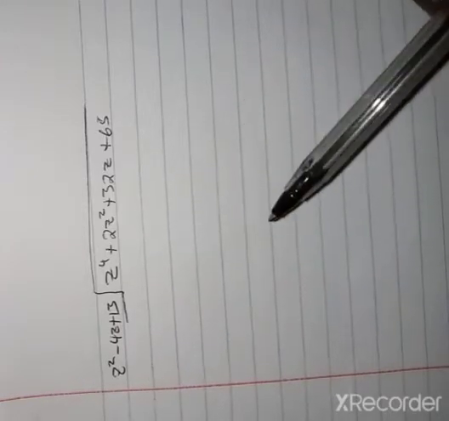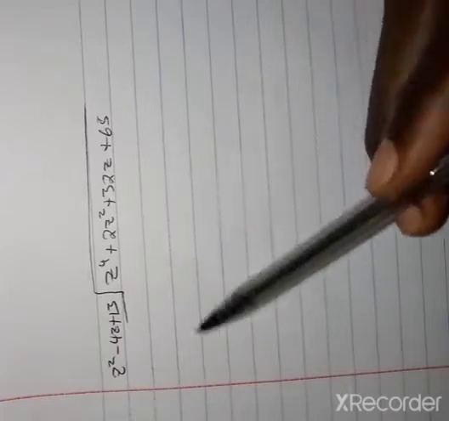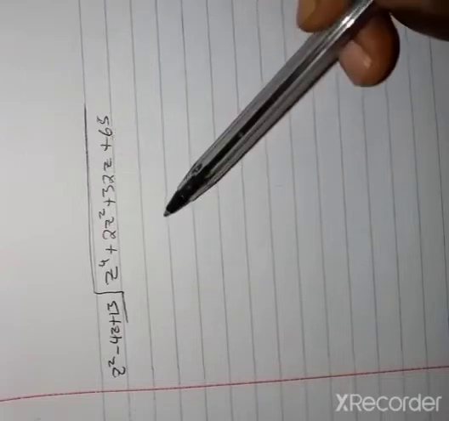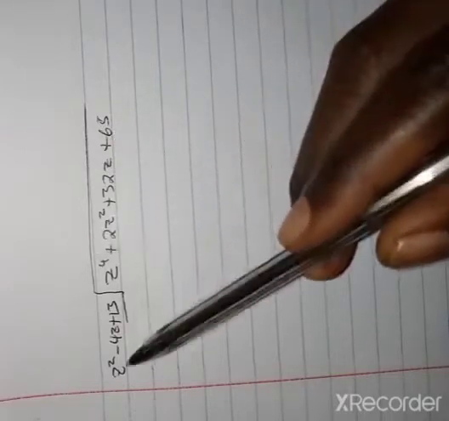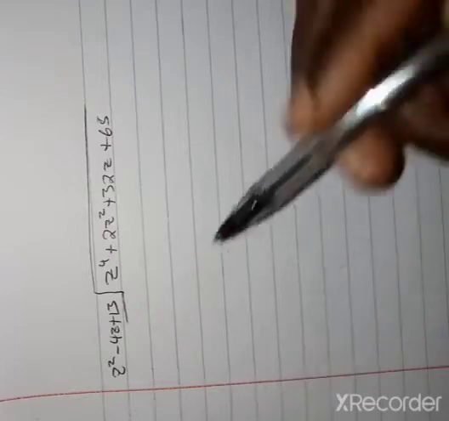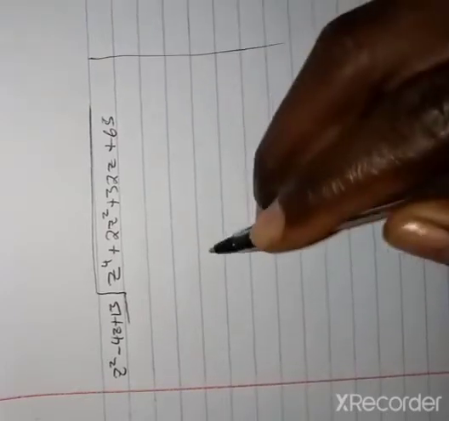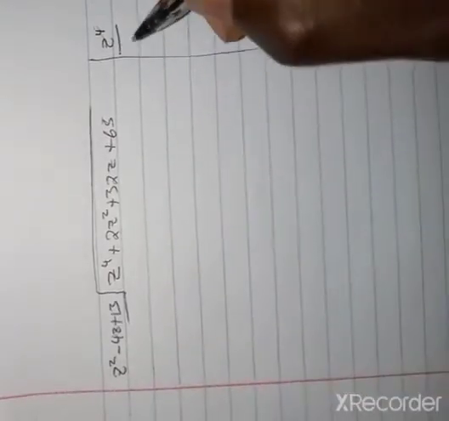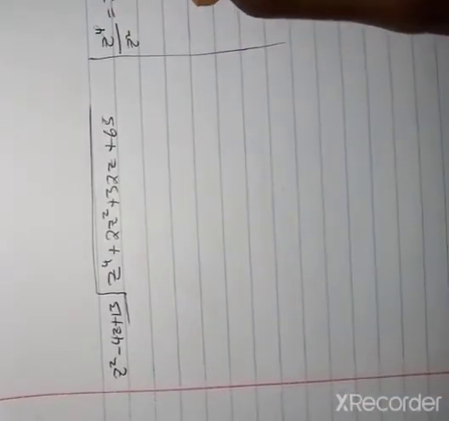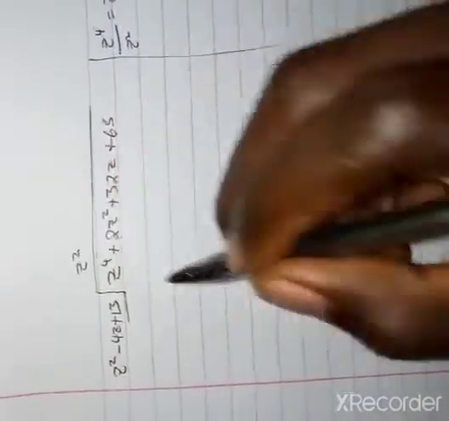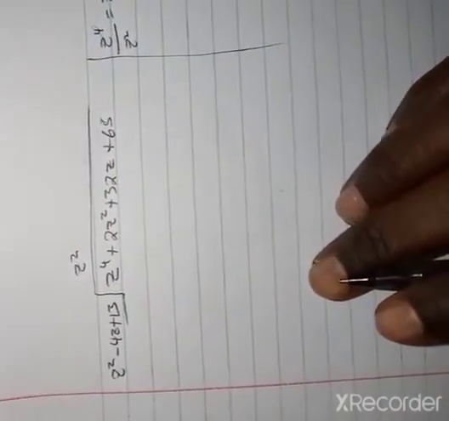We divide, we get the quotient. The quotient of this particular division, we put it above, and then we multiply it with each term in the divisor. So the first term here is z to the power 4, divided by the first term in the divisor, z squared, which gives me z squared. So z squared as the quotient, I put it above.